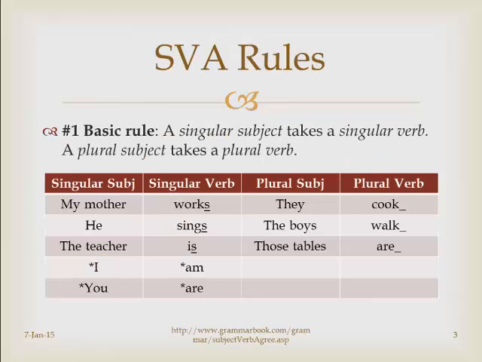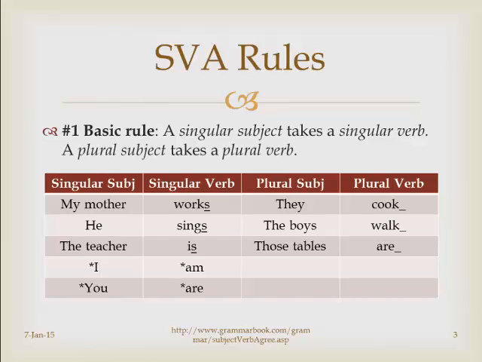Now, of course, when it comes to subject-verb agreement, we're going to have some rules, but the number one basic rule is that a singular subject will, of course, take a singular verb, and a plural subject will then take a plural verb.